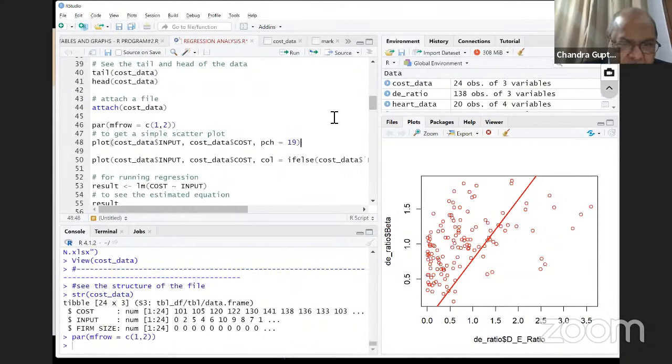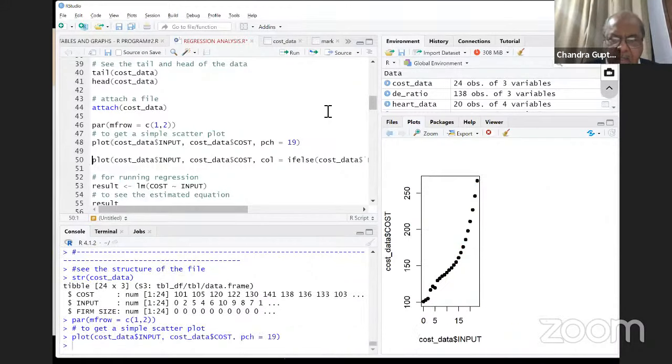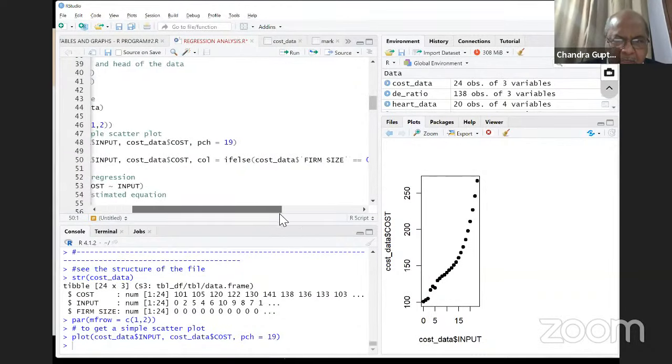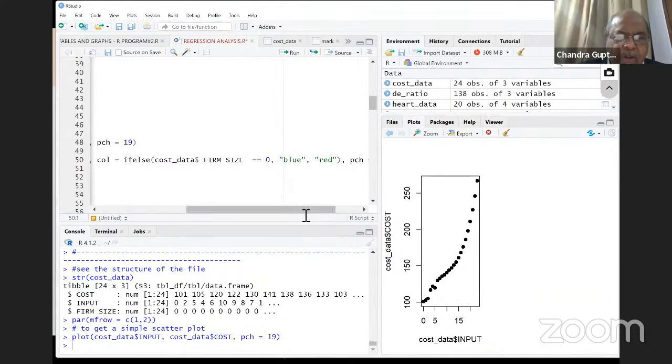This is the cost. I'm plotting the input and the cost. That's the behavior which we get here. And if you want to make a graph according to the firm size, 0 blue, otherwise red, for that we are using the command ifelse.